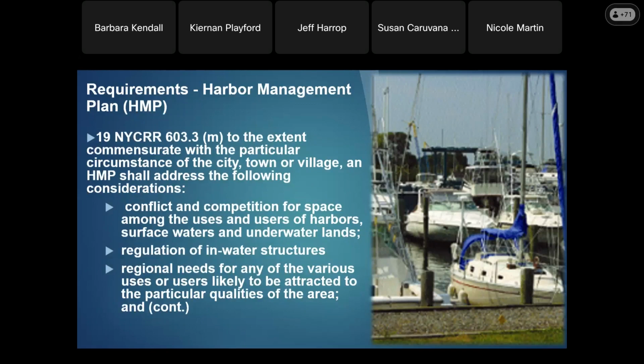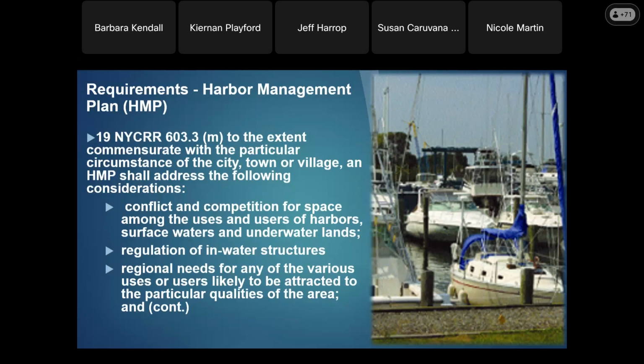Some additional requirements in 603.3 describe the waterway usage and navigation, especially existing navigation channels, and any existing water use districts or regulations. If you already have a harbor management law, mention that in section 2.